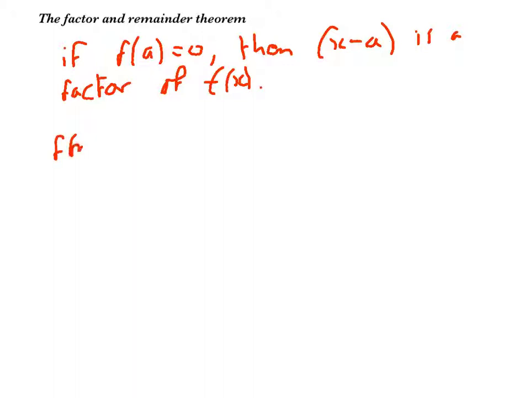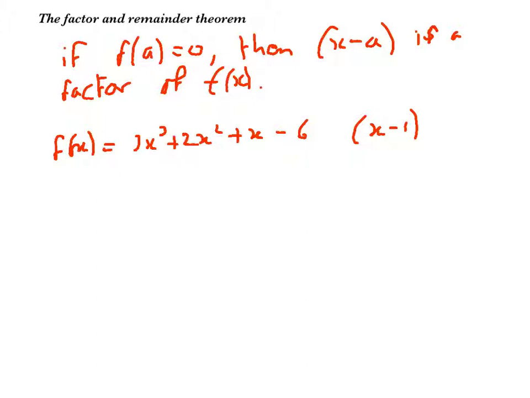Okay, so let's see this actually work in practice. Let's start with our f of x equals 3x cubed plus 2x squared plus x minus 6. This was the example we started with in the first place. Maybe the question will say, validate that x minus 1 is a factor of this. So let's do that.